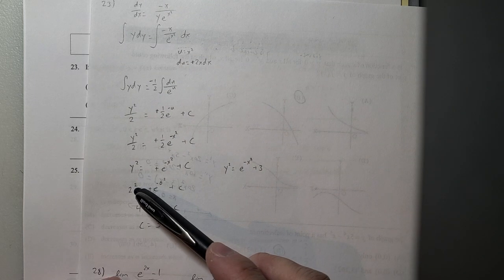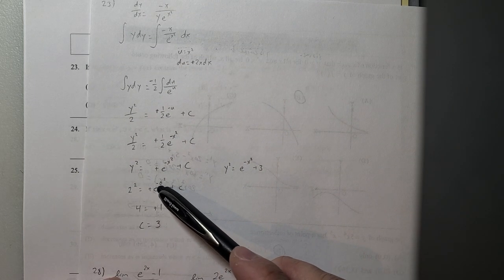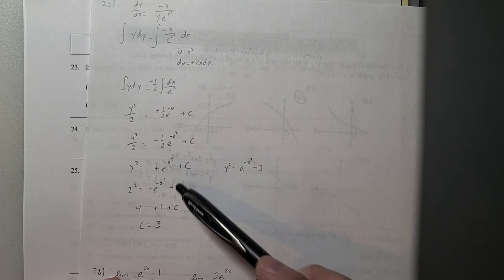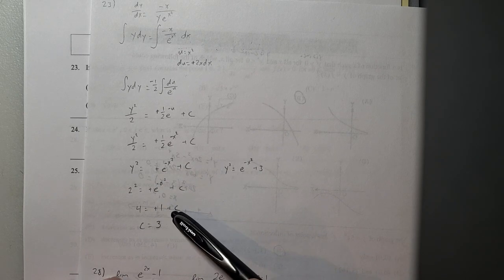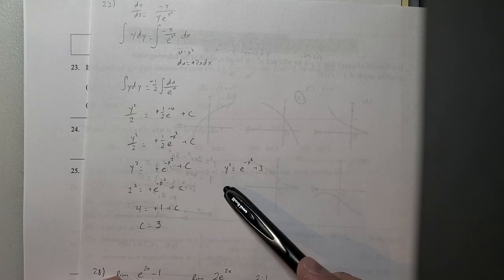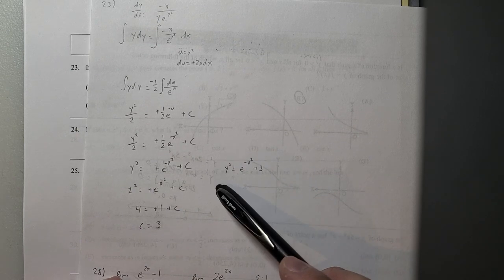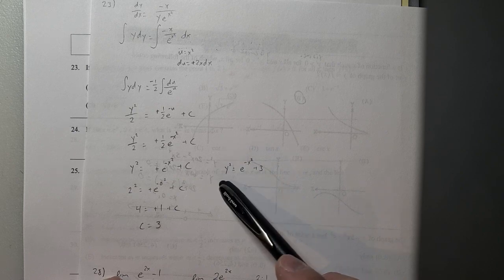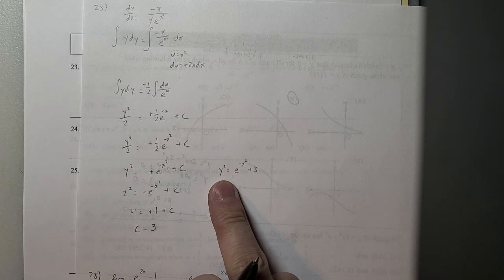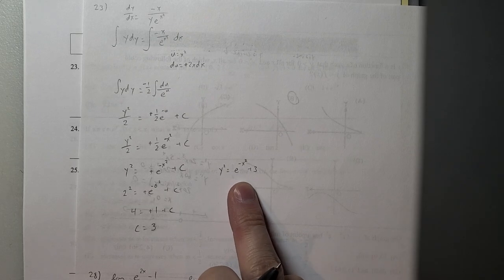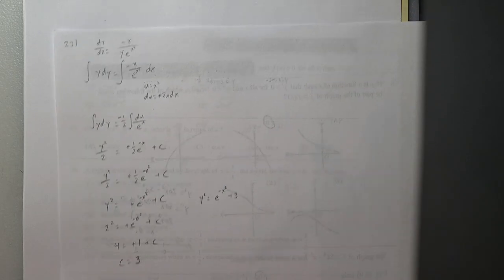So y is 2, so 2 squared is e to the negative 0 squared plus c. 4 is equal to e to 0, which is 1, plus c, so c is equal to 3. So this would be your particular solution. That's the word I was looking for. Y squared is e to the negative x squared plus 3.